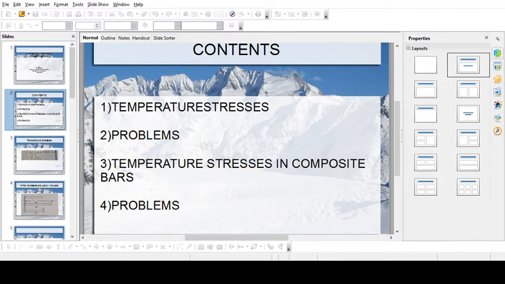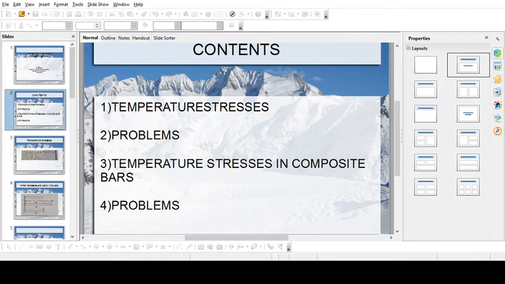So, when does this temperature stress occur? When a material is experiencing a change in its temperature, or whenever it is expanding or contracting due to the change in temperature, then stresses occur. Today we are going to discuss temperature stresses and some problems regarding them, and also temperature stresses in composite bars as well as problems related to the composite bars.